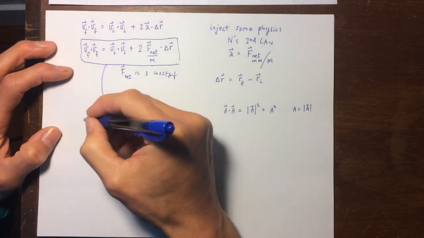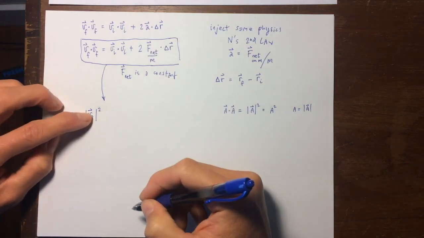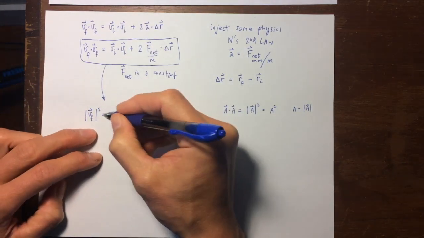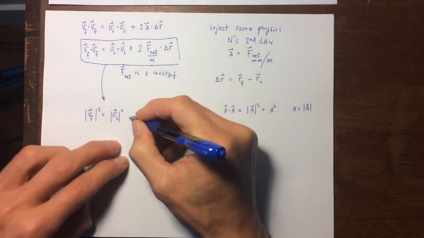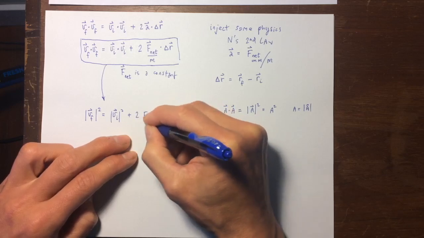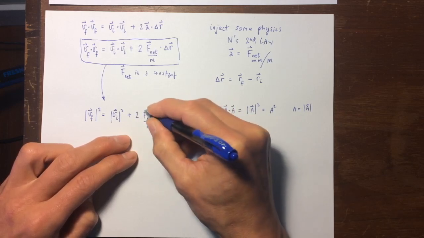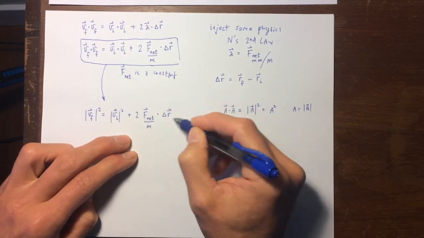I'll do it in a couple of steps. The magnitude of the final velocity squared is equal to the magnitude of the initial velocity vector squared, plus 2 times the net force acting on m divided by m, that's a vector, dotted with delta r. There's no shorthand to do over here.